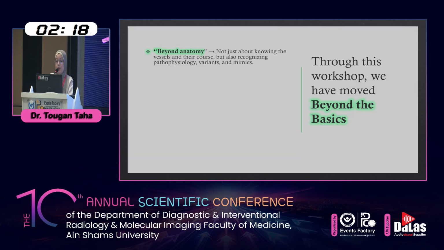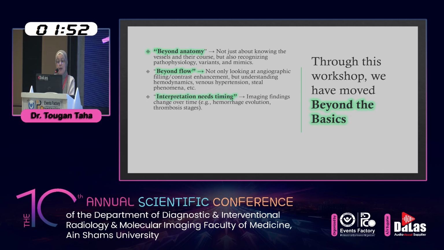And finally, through this workshop, we have moved beyond the basics. Not just about knowing the vessels and their course, but also recognizing pathophysiology, variants, and the mimics. Not only looking at angiographic filling or contrast enhancement, but understanding hemodynamics, venous hypertension, steal phenomena, and others. Imaging findings change over time, as in hemorrhage evolution or thrombosis stages.